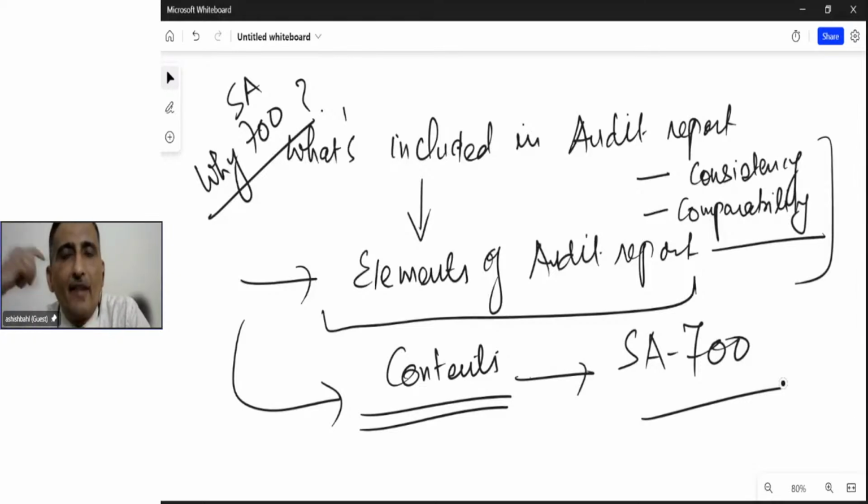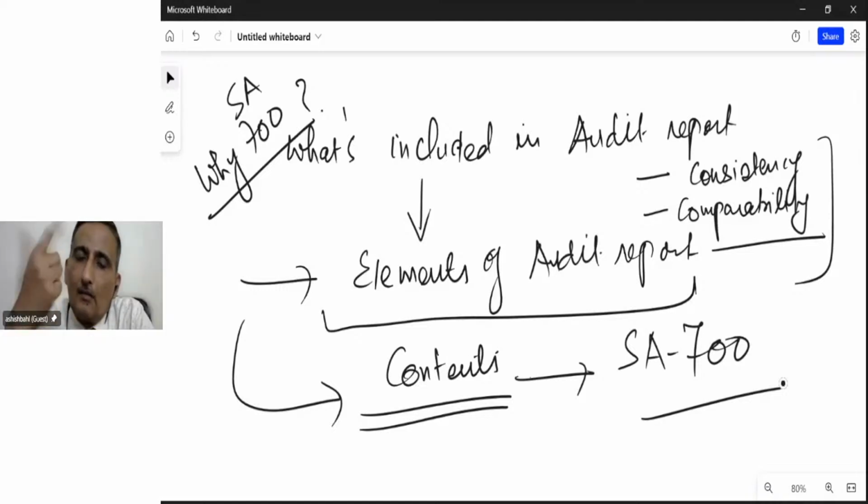When an auditor issues a report in accordance with the requirements of a standard, the first thing that happens is that across the industry, that report is consistent. Users of that report know that these are the heads, these are the contents which are to be included in the audit report. It also helps them to compare. So one can compare the report of one year with another year, or within the industry the report of one company with another company. So that is the advantage, consistency and comparability.